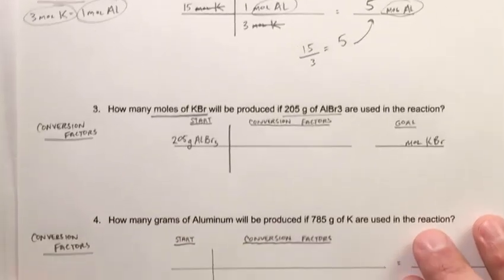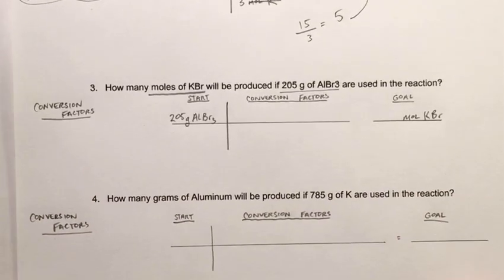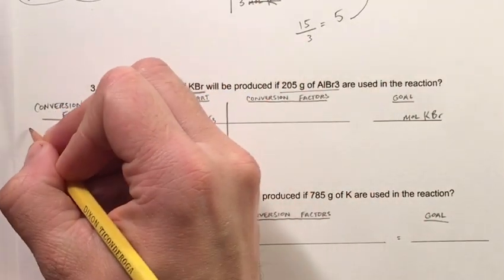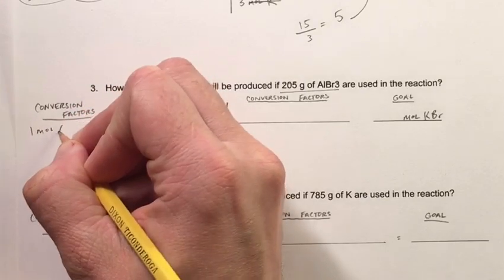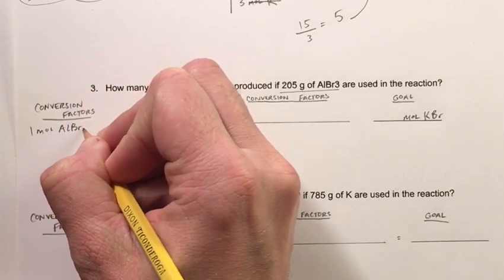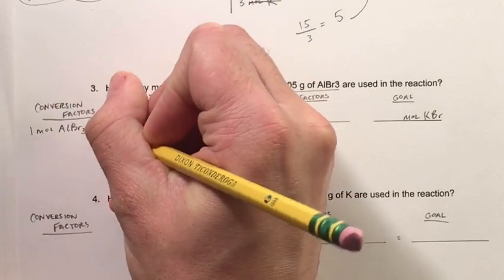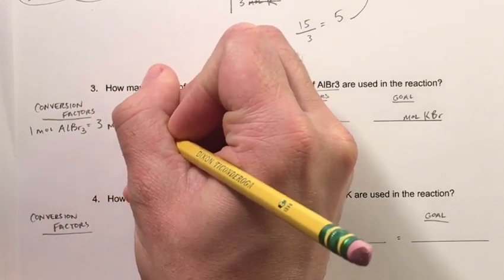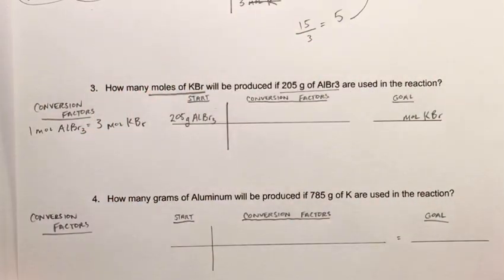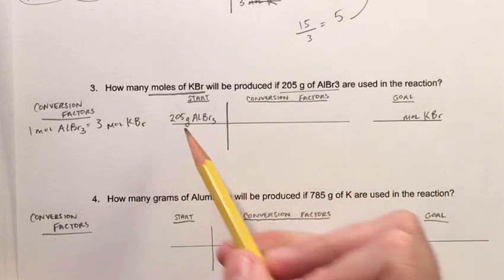Okay, so I'll write that down on the side for us here. 1 mole AlBr3 equals 3 moles KBr.